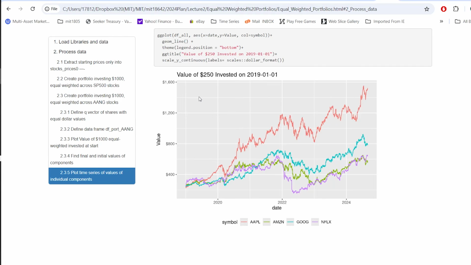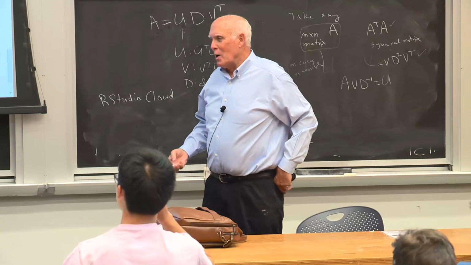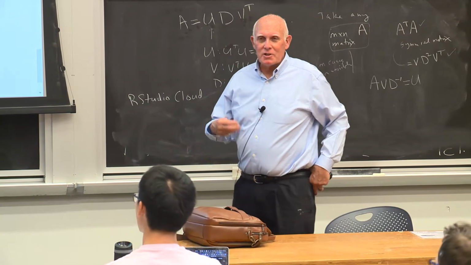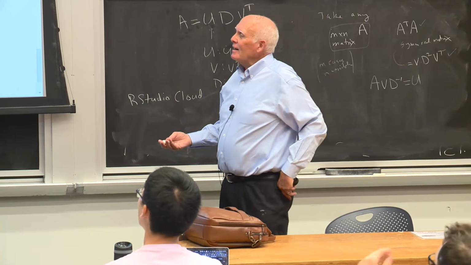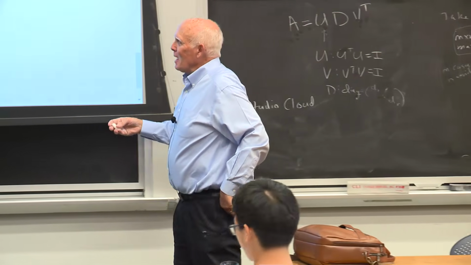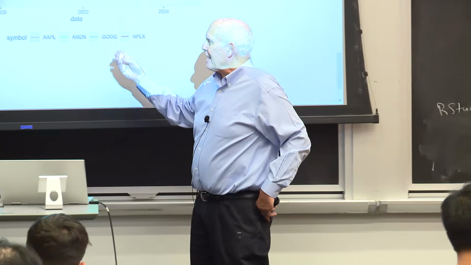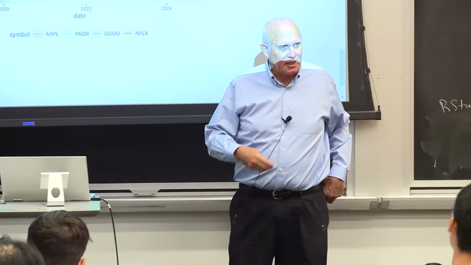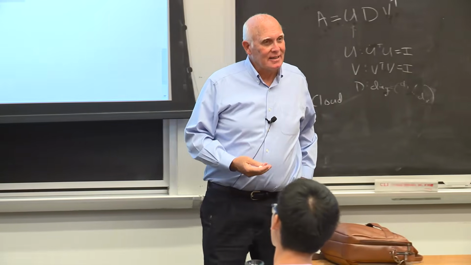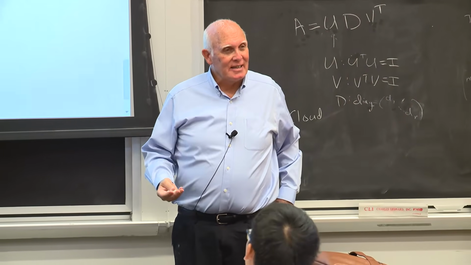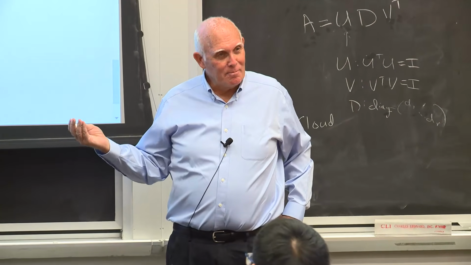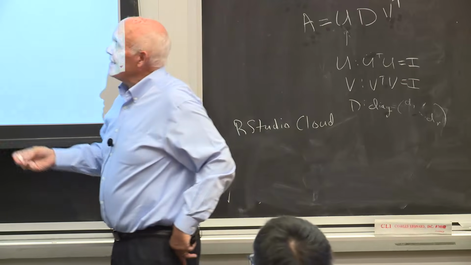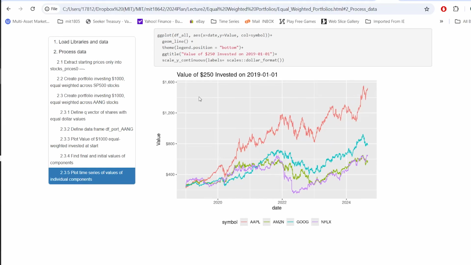This raises some interesting issues for us, which is that when considering portfolio construction, maybe equally weighting allocations across some assets is a good thing to start with. But what happens over time? Well, in this case, Apple outgrew the other allocations substantially.